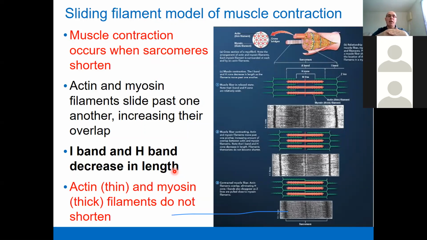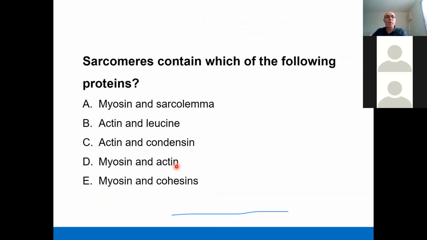Once they slide past one another, that means the length of these bands will decrease. Okay, now the question is: the sarcomere contains which of the following proteins? Now it is your turn.